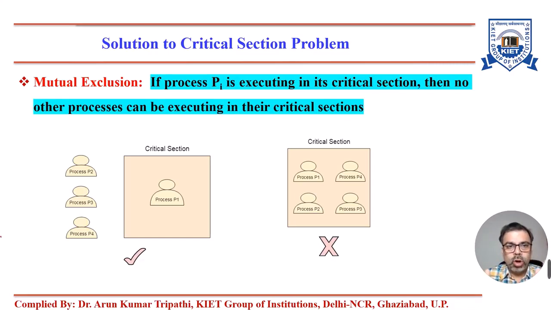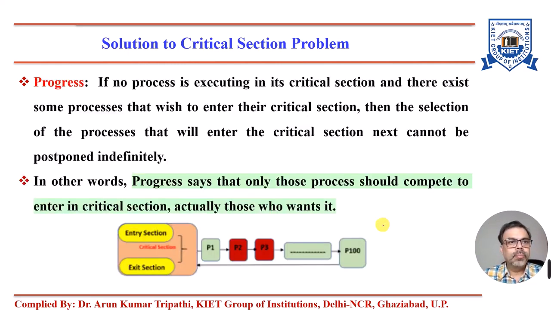There is no sharing of data. So here four processes are waiting to enter into the critical section: P1, P2, P3, and P4. Only one process is allowed to enter into the critical section. This should not be the condition that more than one process is in the critical section at the same time.